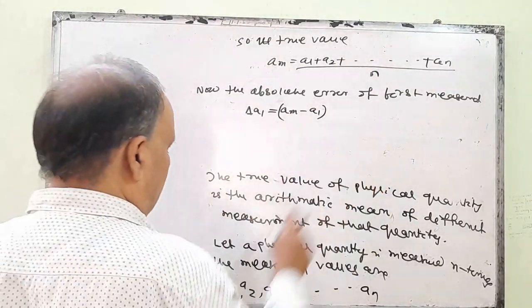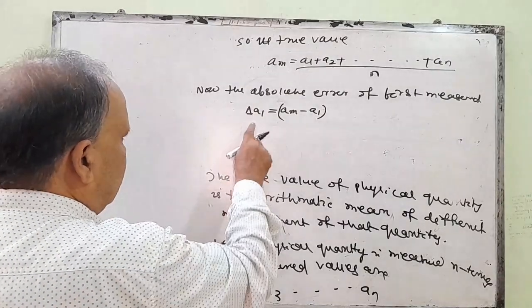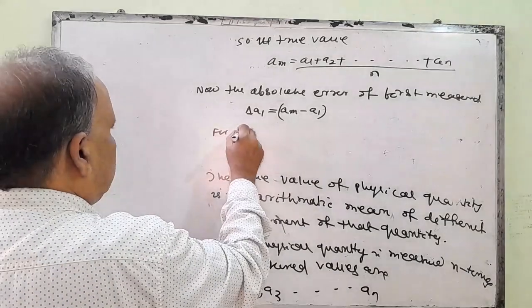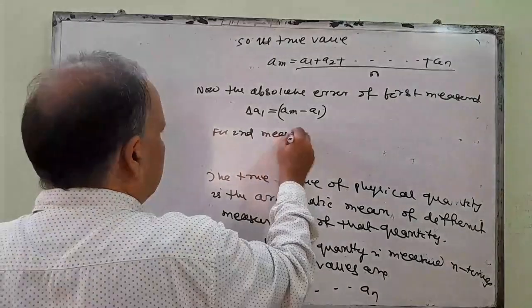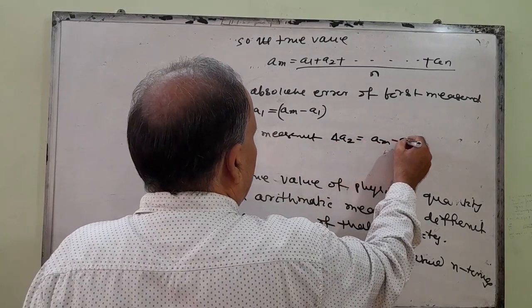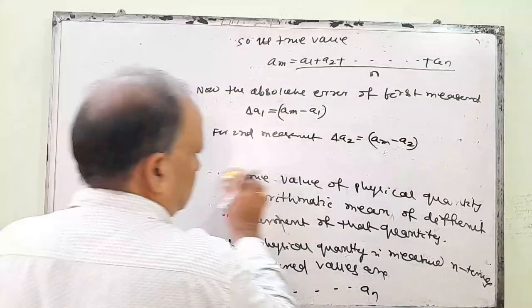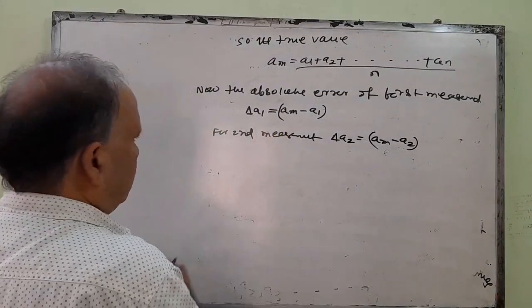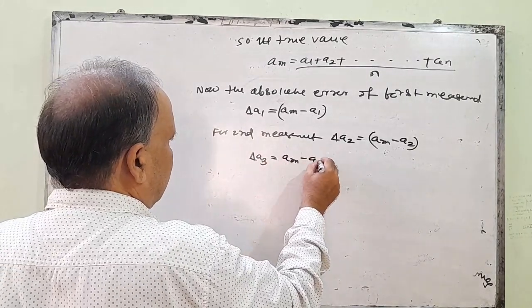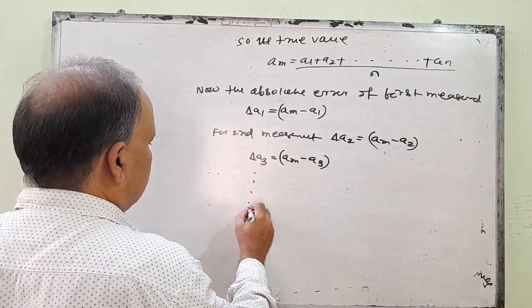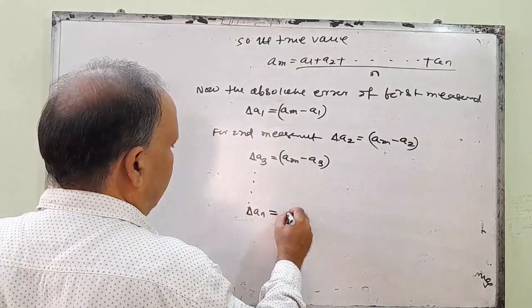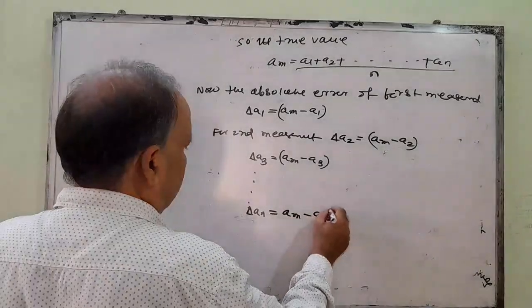The absolute error of the first measurement is true value minus A1. For the second measurement, delta A2 is equal to Am minus A2. Similarly, delta A3 for the third measurement, Am minus A3. Continuing in this manner, absolute error of the nth measurement, delta An is equal to Am minus An.